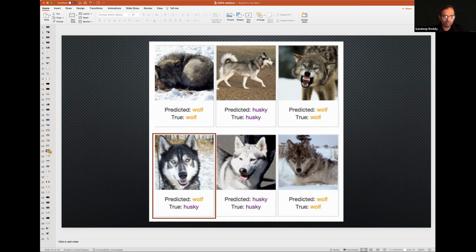What it was doing was it was confounding, or aligning, the snow background with the presence of a wolf. And whenever there was snow, it thought it was a wolf. So it was really not being trained on detecting the wolf, but it was being trained to detect the snow.